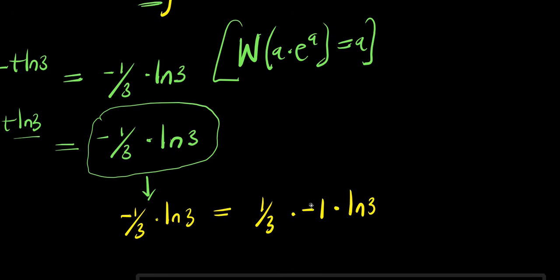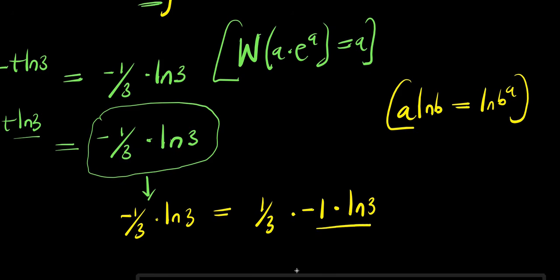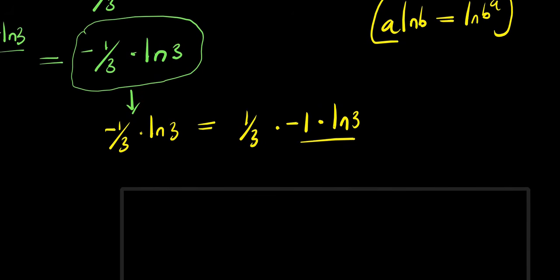After doing that, remember, if you have a times ln b, this equals ln b power a. Remember this identity? That means I can apply it here. Once you apply it here, this negative 1 here will come on top of this. So we are going to have 1 over 3 continuing from here times ln 3 to the power of negative 1.